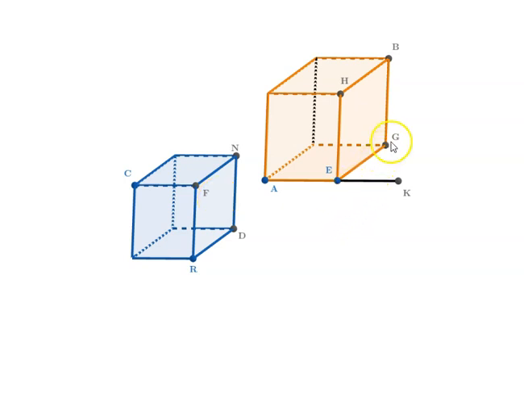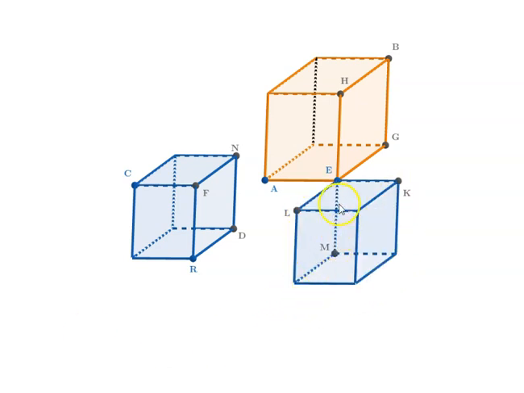Then we will extend GE to L such that EL is equal to FN, and we will extend HE to M such that EM is equal to FR. Then we will complete this parallelogram LK and we'll build the solid. So now this solid KP is equal to solid CD.